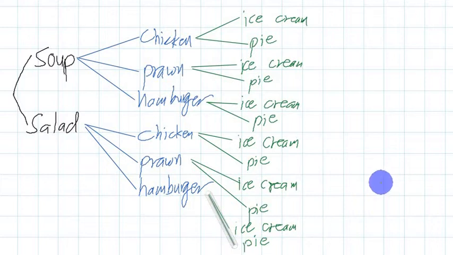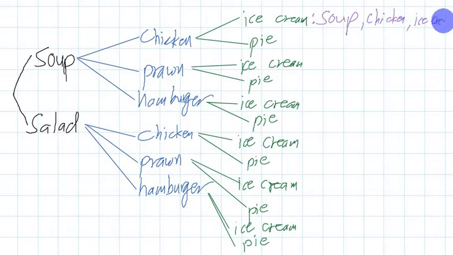So if we're going to count each of these possible options, we will have the following. The first one is you can have soup, chicken, then ice cream. Or you can have soup, chicken, pie.